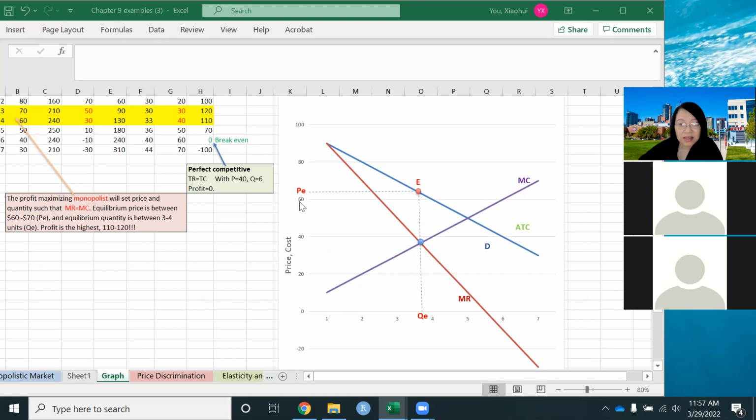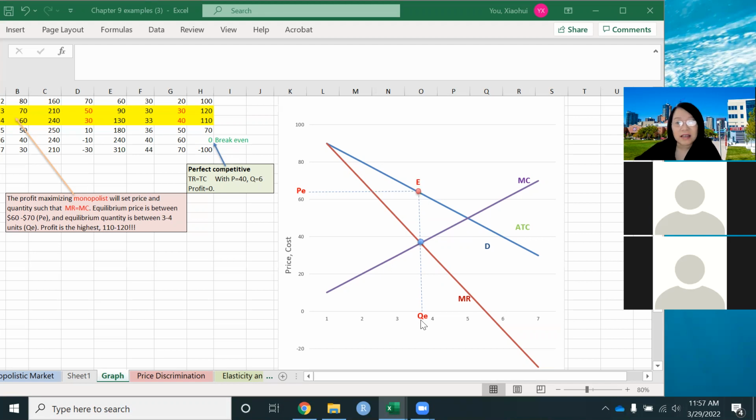See, it's between 60 to 80, but definitely not reaching 70, right? 70 should be in the middle. So this one is about 60, how much? 65 maybe. 65 or 64, right? Okay, great.